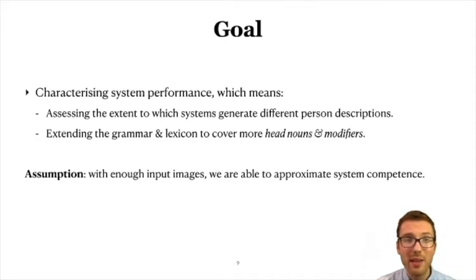And hopefully with enough input images in the test set, so we're going to be using the test set of the MS COCO corpus, which consists of thousands of images, we'll be able to approximate system competence. So all we have is system performance, but if the system fails to produce particular kinds of descriptions for so many images, then maybe these models are just not capable of ever producing these kinds of descriptions.